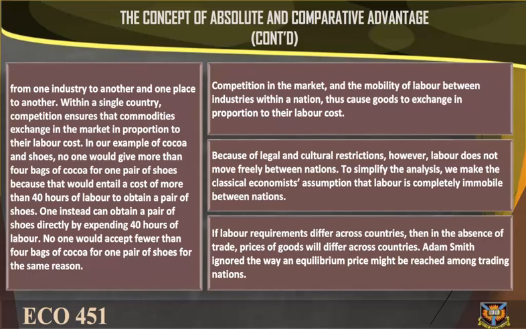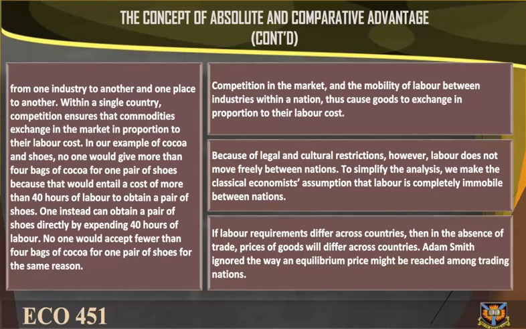Because of legal and cultural restrictions, however, labor does not move freely between nations. To simplify the analysis, we make the classical economists' assumption that labor is completely immobile between nations. If labor requirements differ across countries, then in the absence of trade, prices of goods will differ across countries.